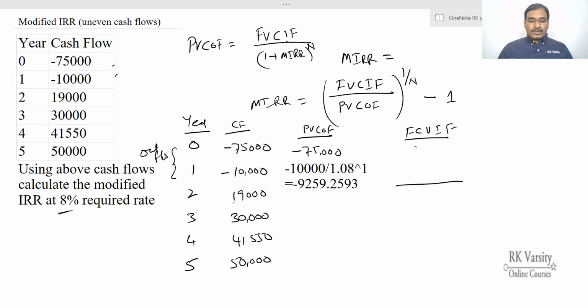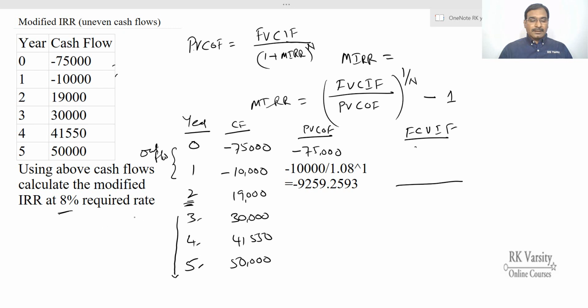Now when it comes to the future value of cash inflows, the assumption that we make in a modified IRR is that the cash inflows that you receive in a second year, or in a given year, are reinvested for the next time periods of the project. So here in the second year you received a cash flow of $19,000. This amount is reinvested for the next 3 time periods, that is 1, 2, 3.